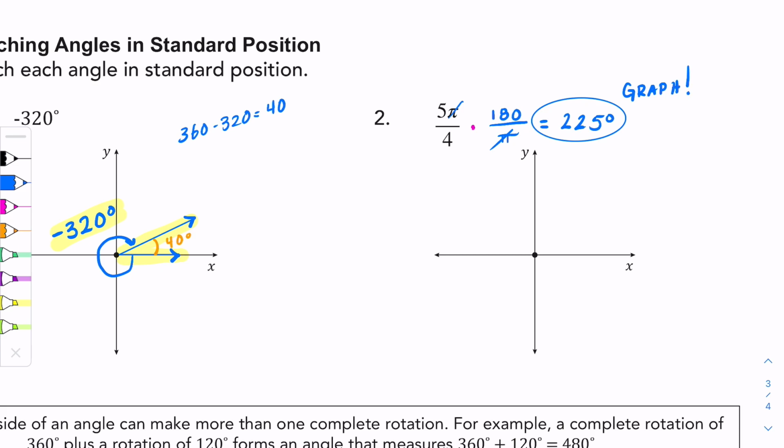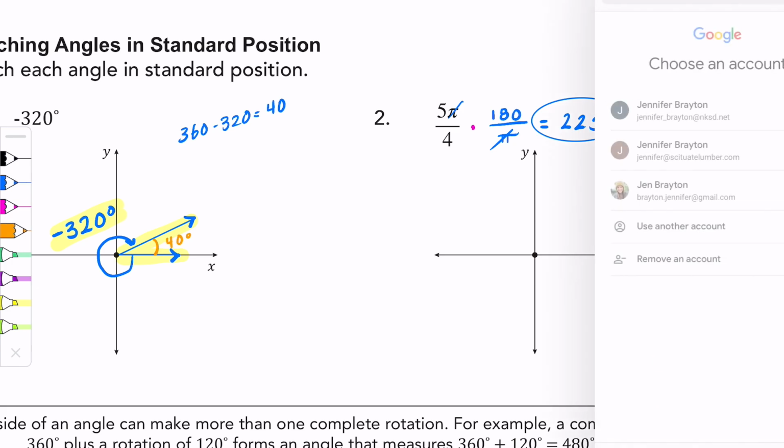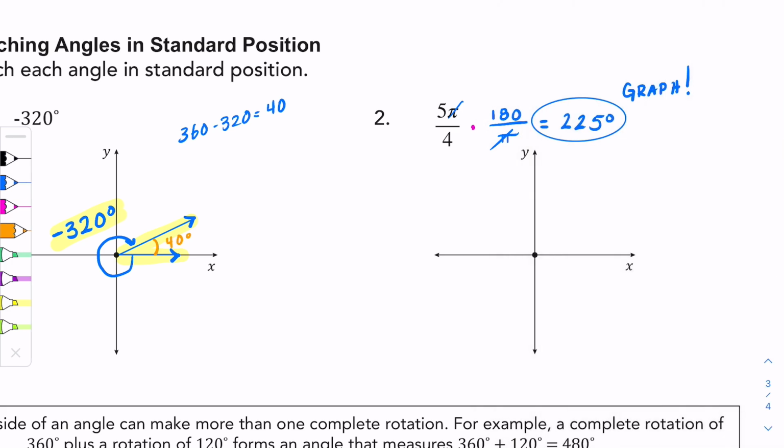I recognize that 225 degrees is greater than 180, but less than 270 for those benchmark angles. So 270 minus 225 leaves me with a reference angle of 45 degrees.